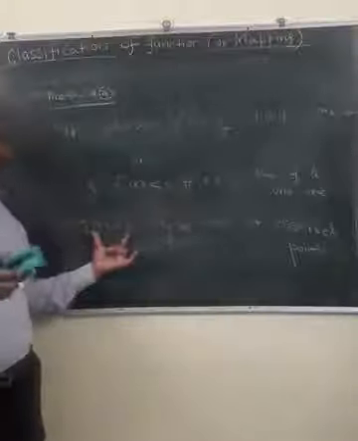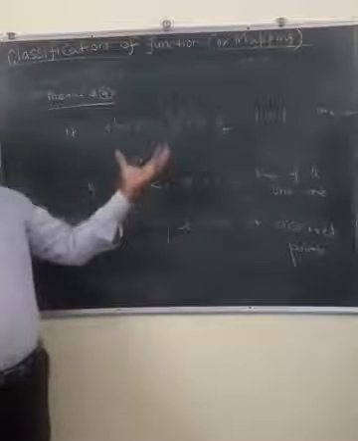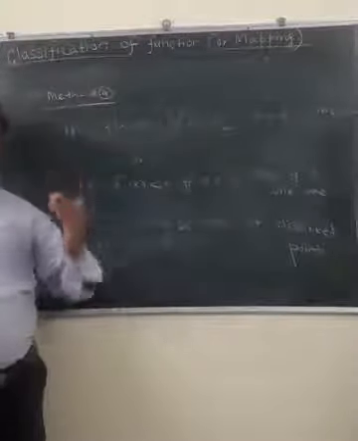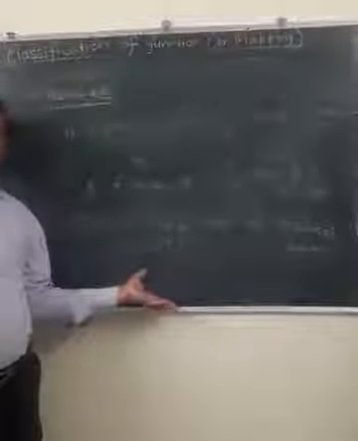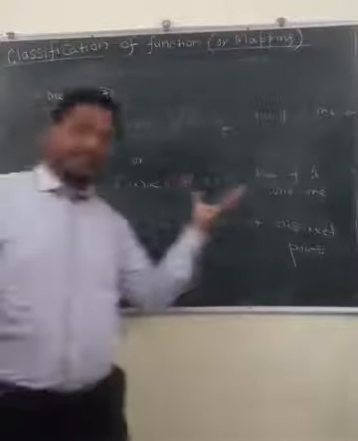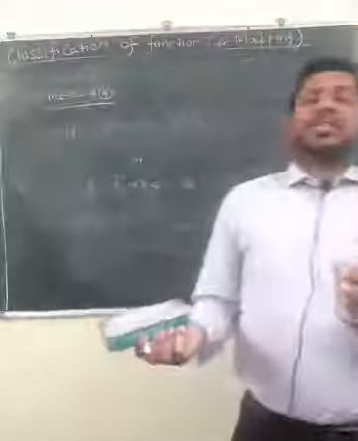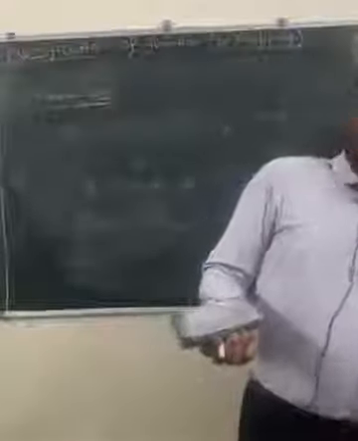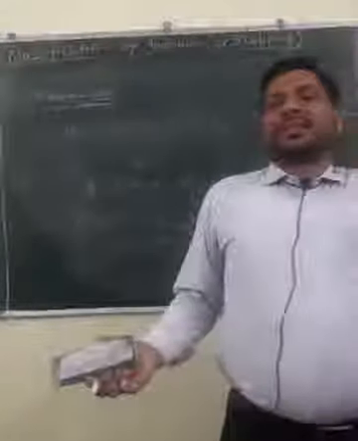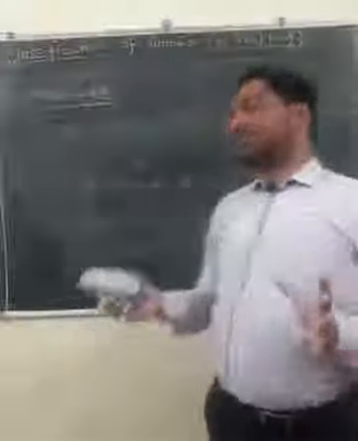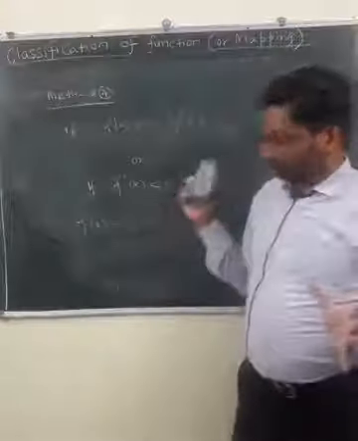In an interval, it should not be 0. At discrete points, it can be 0. That means at infinitely many points, whatever points are possible. Suppose f'(1) is 0, f'(2) is 0, f'(3) is 0, f'(4) is 0, and so on up to infinity. Again this function is one-one.